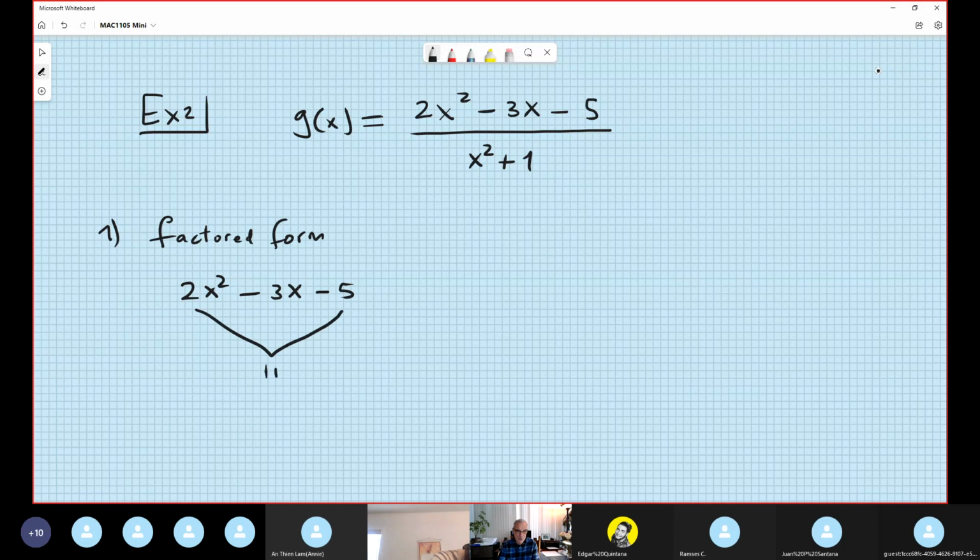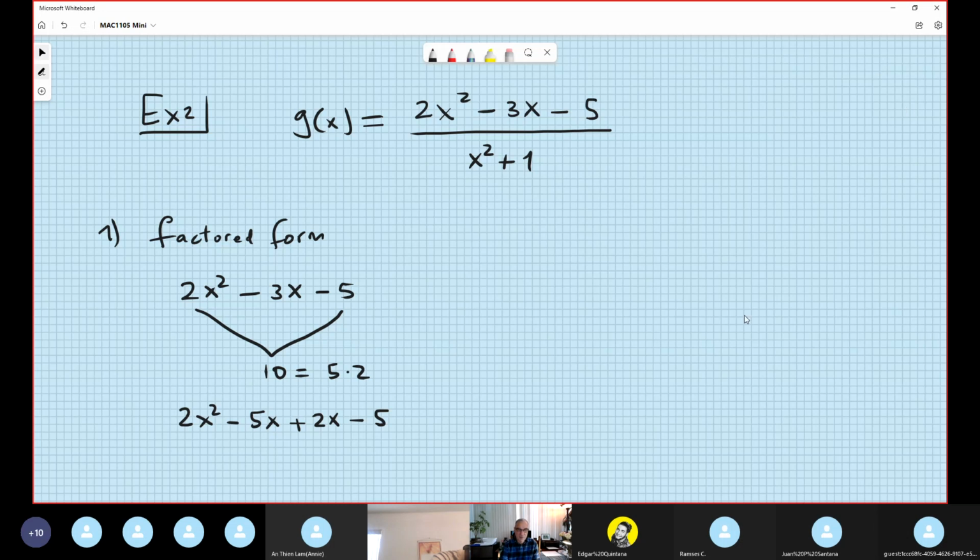I don't care, the sign is not important. And it's 5 and 2, because 5 times 2 is 10, and 5 minus 2 is 3. You copy like that: 2x squared minus 5x plus 2x minus 5. Then you split 3 into negative 5 and positive 2.